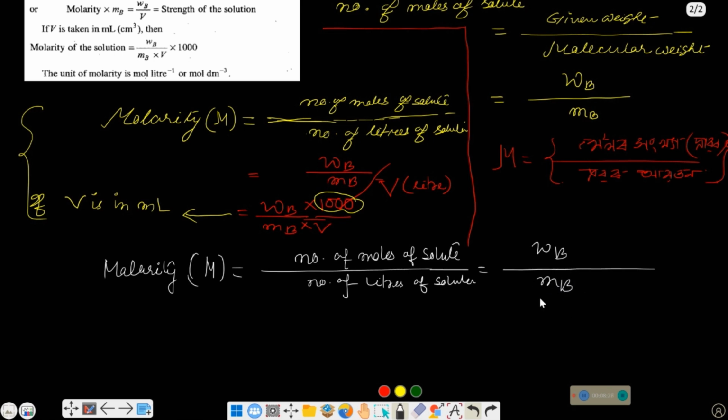This gives you the number of moles of solute, into volume in ml, then we need to multiply it with 1000, right?